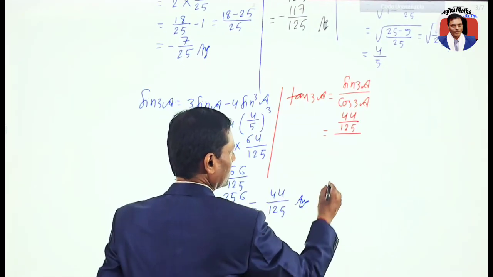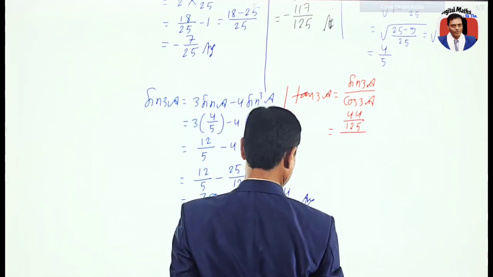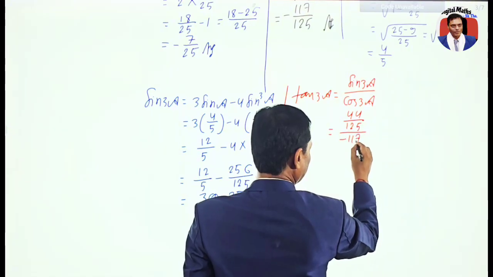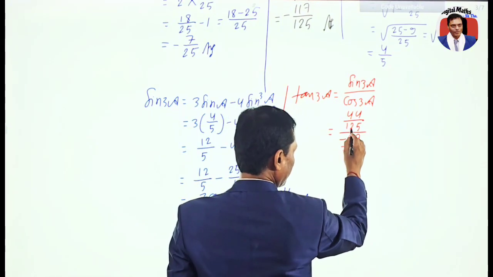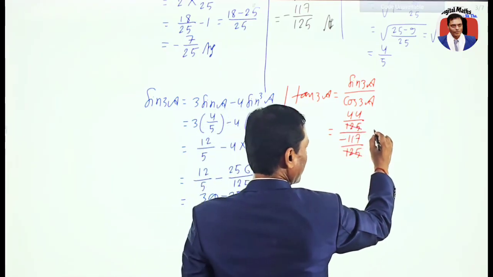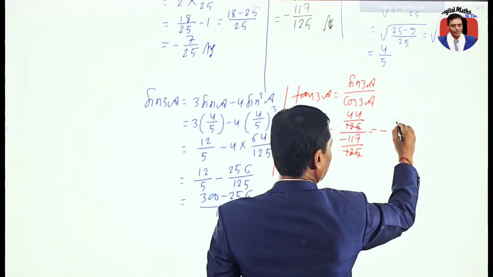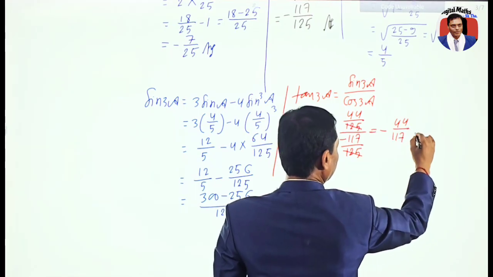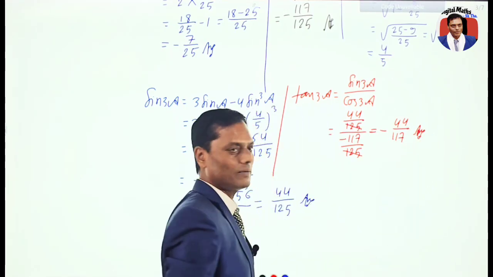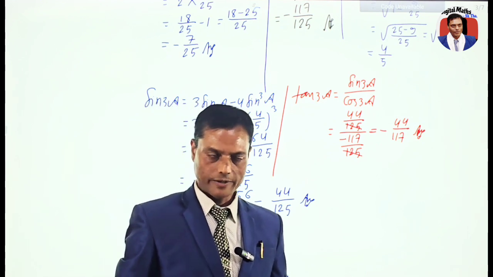So we can write here minus 117 over 125. Now 125 and 125 can be cancelled, and remaining we'll have minus 44 over 117. That's our answer, that's the value of tan 3a.